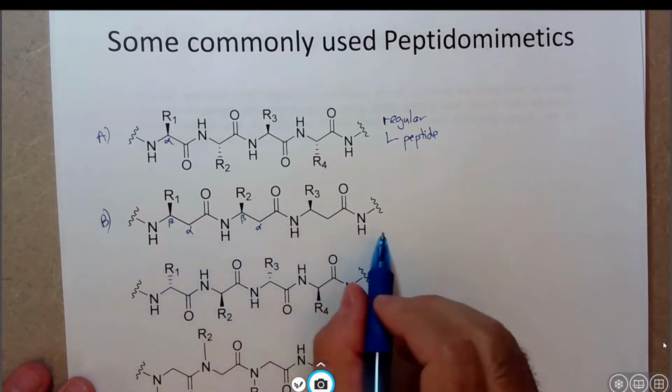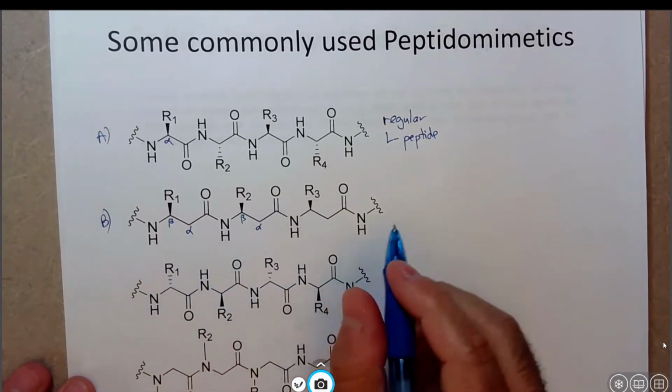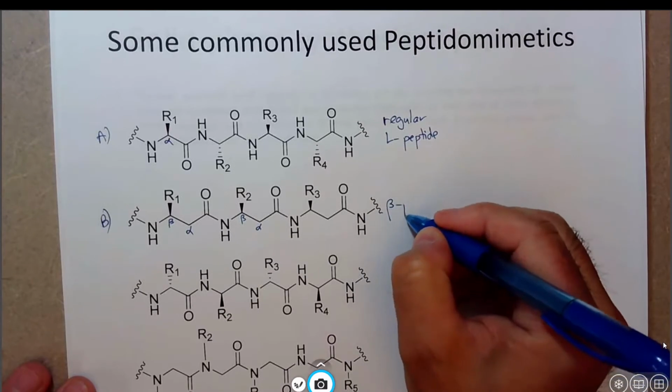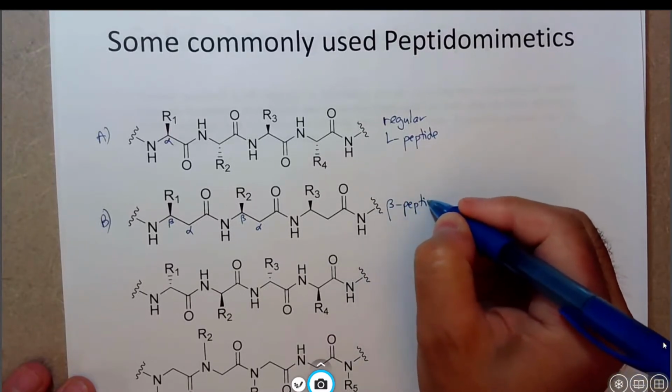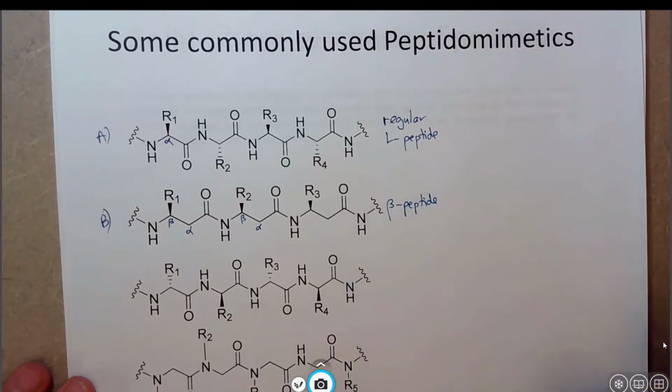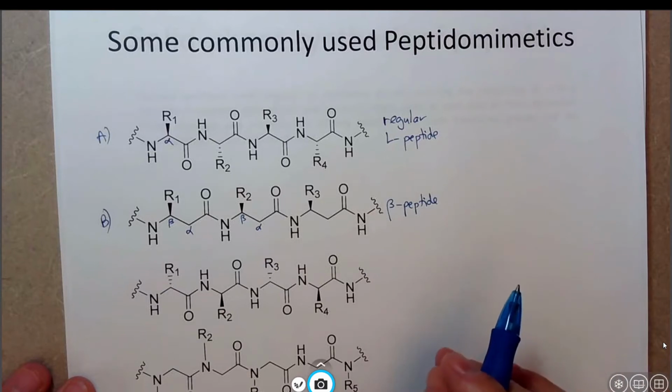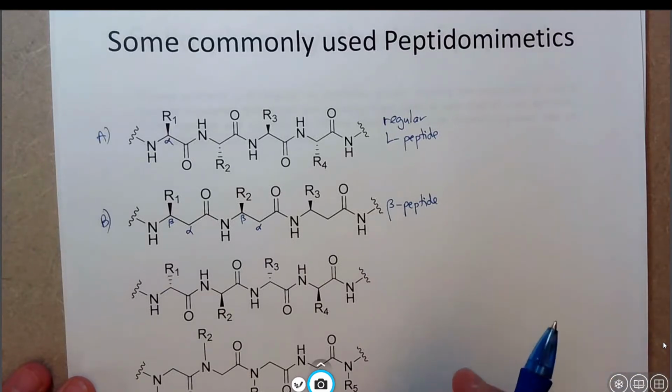So this would be called a beta peptide. And beta peptides are interesting. They're mainly unnatural. There are some exceptions where some beta amino acids are used naturally, but in general, they are unnatural.